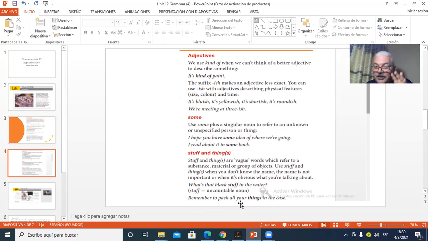To pack all your things in that case, it means that all your things could be your belongings, could be your clothes, could be your stuff, in the idea of traveling or doing something in which you need a case, okay? So that's it. This was the first item that we had to analyze in this unit.